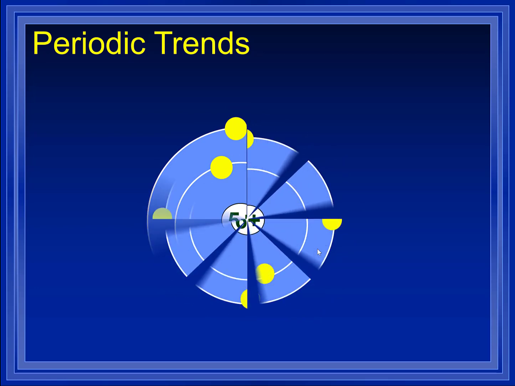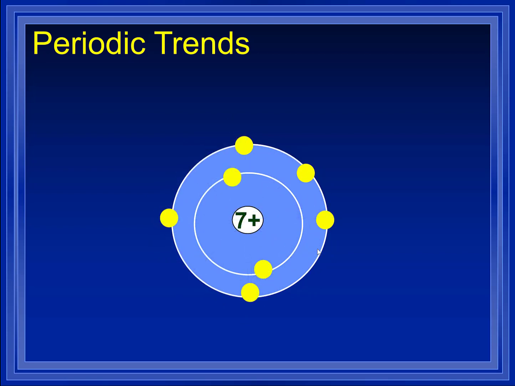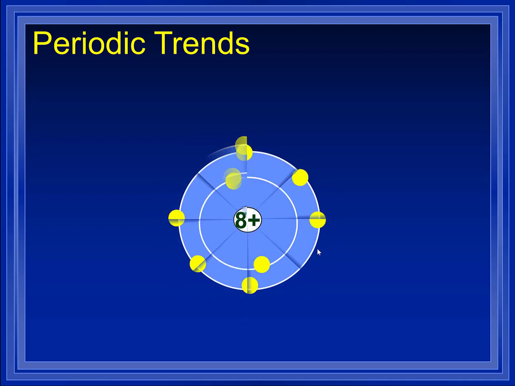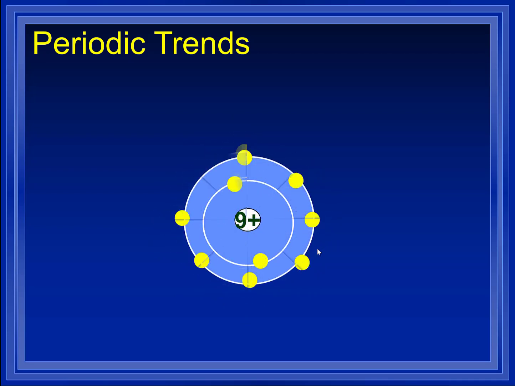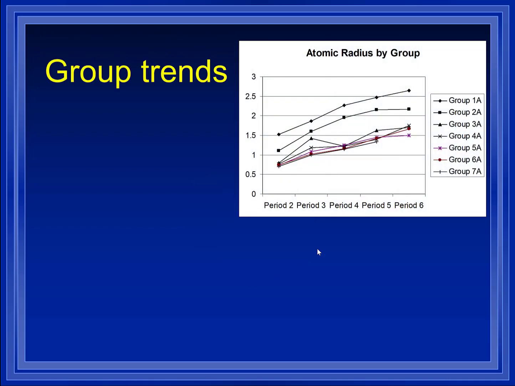Next electron, same energy level, a little smaller. And then you get down to neon, which is much smaller than lithium. And then the next one after neon, I'm adding another energy level. So now when I add another energy level, we can talk about group trends.